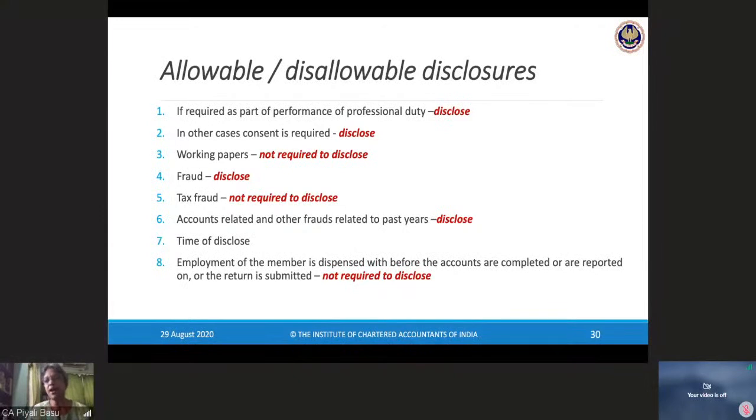In case you have identified evasion and things like that, there is no binding need on a professional to disclose it unless there is a small catch here.